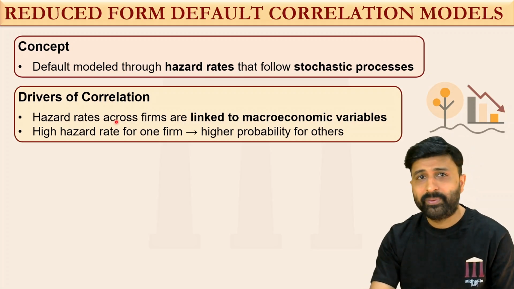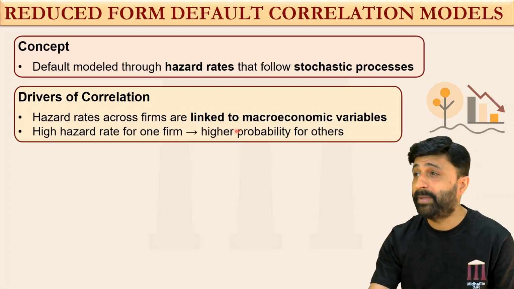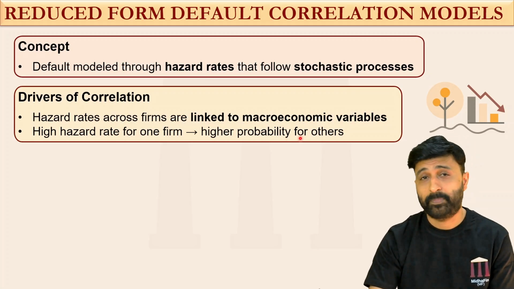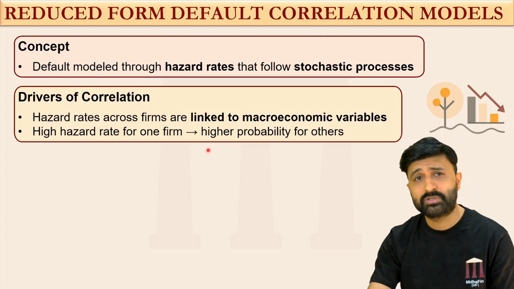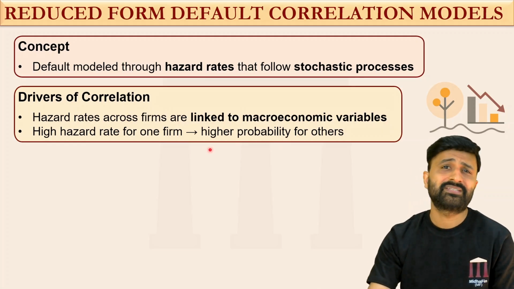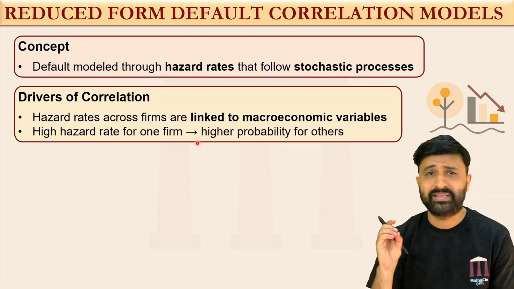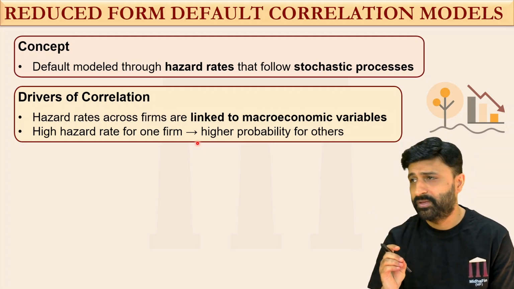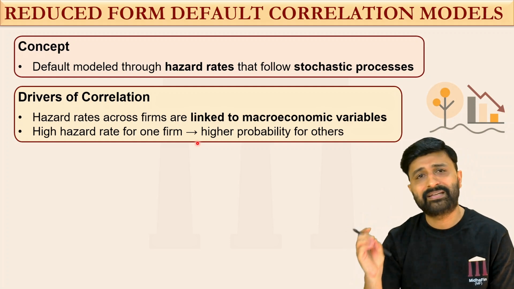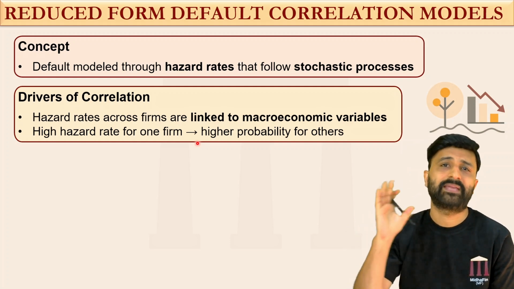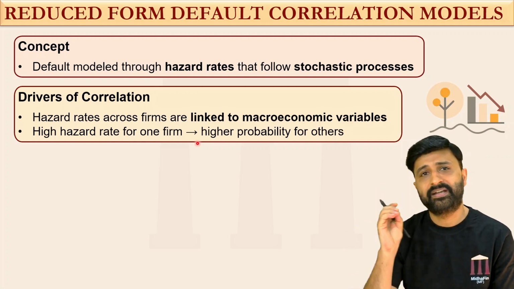Now, the link between firms comes from shared macroeconomic factors or variables. So, if the economy slows down or credit conditions tighten, hazard rates across multiple firms will rise together. When the hazard rate of company A spikes, there is a good chance that company B's hazard rate also spikes. That is what creates default correlation.